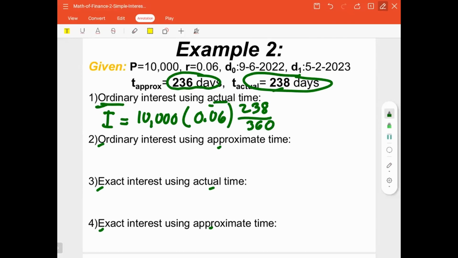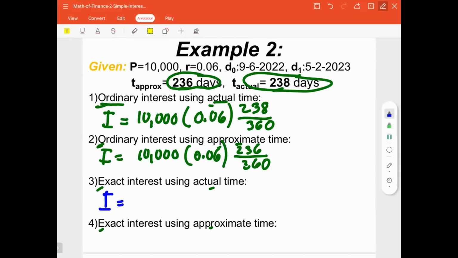Okay? For this second method, the same. I is equal to 10,000 pesos times 0.06. But now we are to make use of the approximate time. It says 236, no? And the same denominator, 360. For these two methods, number 3 and number 4, I is equal to the same principal, the same interest rate, okay?